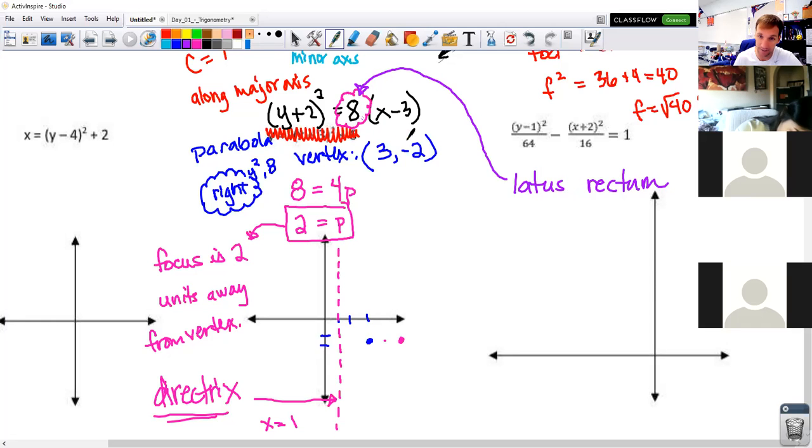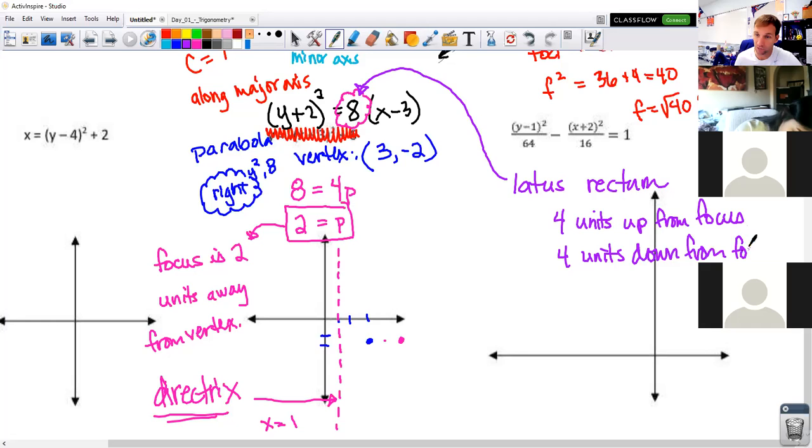If it's 8, we divide that by 2, and it's 4 units up from your focus, and also 4 units down from your focus. So the latus rectum goes through your focus, 1, 2, 3, 4, and this tells you how wide your graph is going to be.